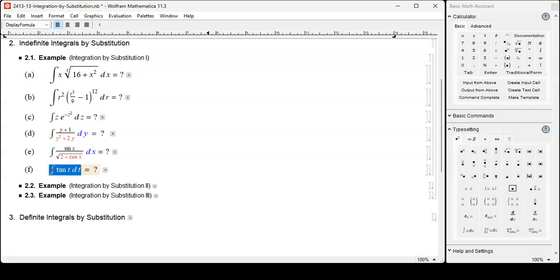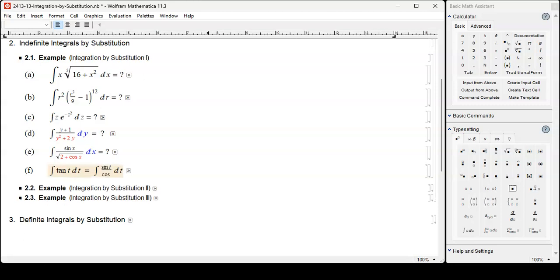But if you want to deduce that, you can do it this way. Rewrite this tangent as sine over cosine. And then if you do that, you'll see that the denominator is cosine, and that's a substitution that you have to work out.